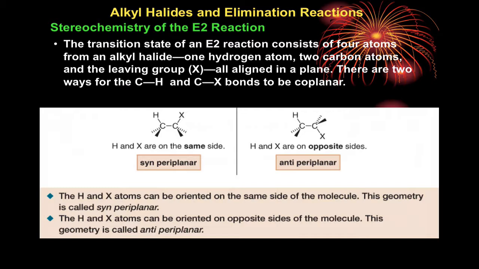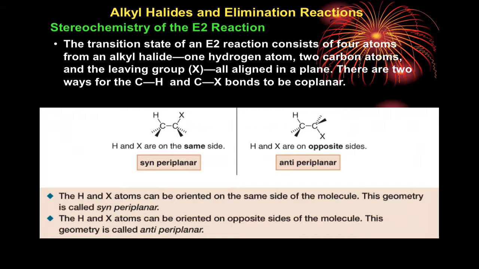Why is it that the hydrogen and the halogen have to be anti-periplanar to one another? There were two reasons that you all came up with. Both of them were good. Give me one of them. Okay.